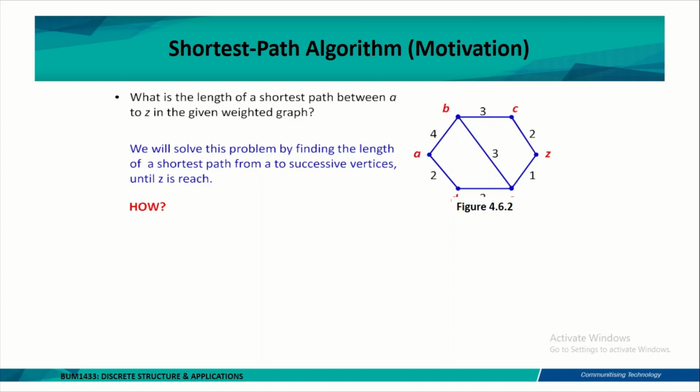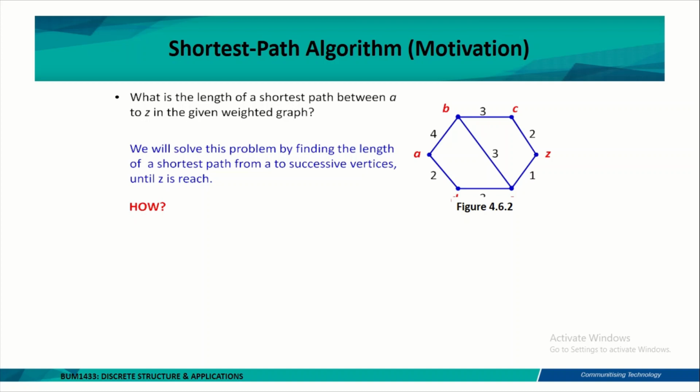So let's see the shortest path algorithm. What is the shortest path between A to Z in the given weighted graph? Okay, let's see in figure 4.6.2, we have the weighted graph here. So we will solve this problem by finding the length of a shortest path from A to successive vertices until Z is reached.